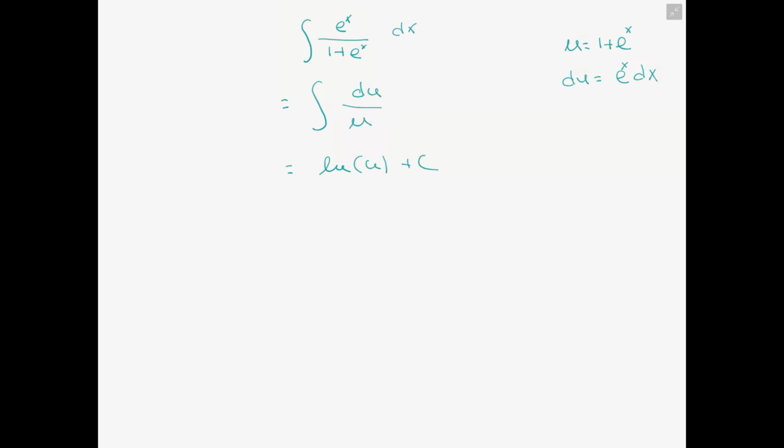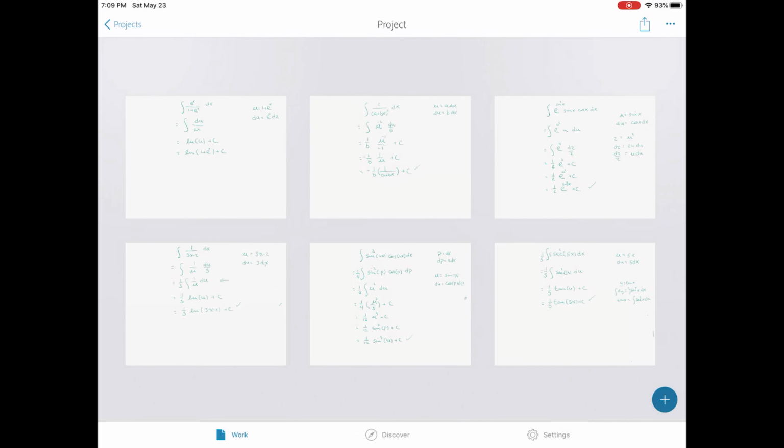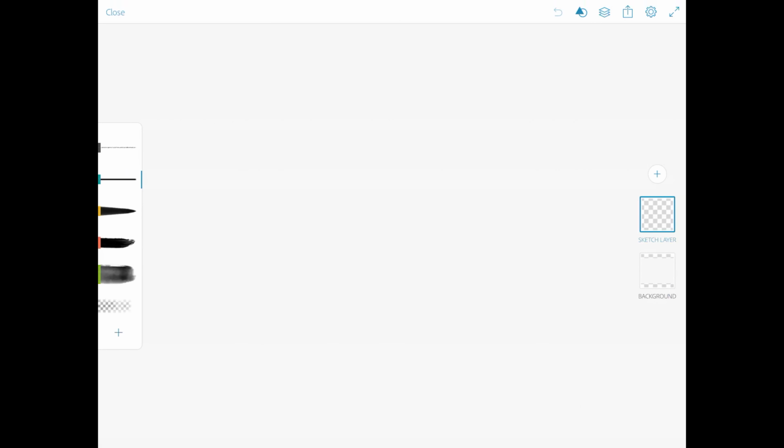We have du on u. And that is ln u plus c, and that's equal to ln of 1 plus e to the x plus c. And I think, yep, that's all there is to that one. It's a short integration.